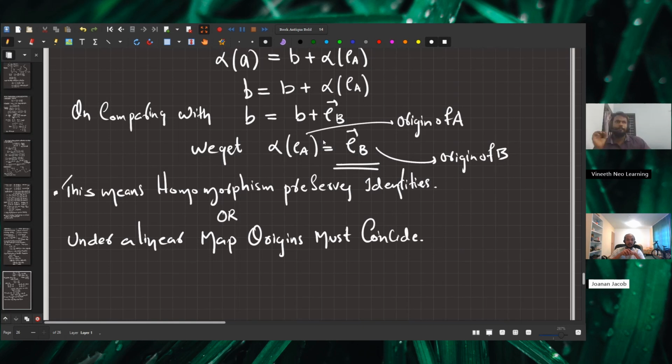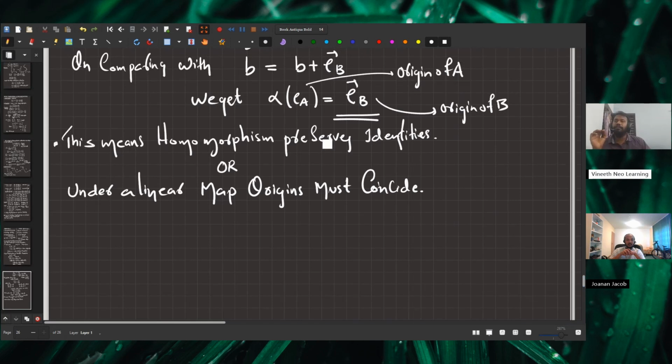Which means that a change of origin is not a linear transformation.